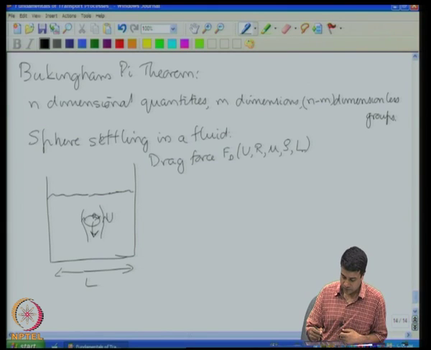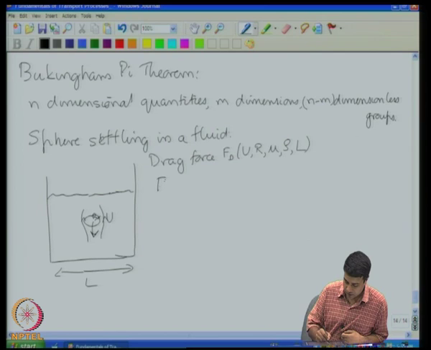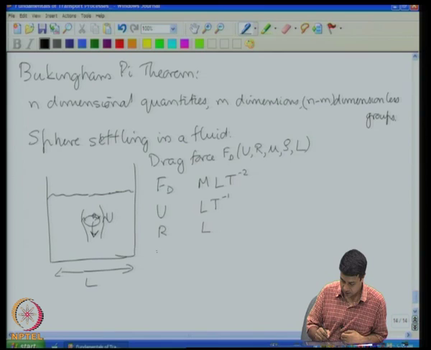Now that we have determined the dimensional quantities, we list out the dimensionless groups. Ft is the force, mass times acceleration. U is a velocity, length per unit time. R is the radius, which is length. L is also some dimension of this tank; I will call it a small l in order to be unambiguous.